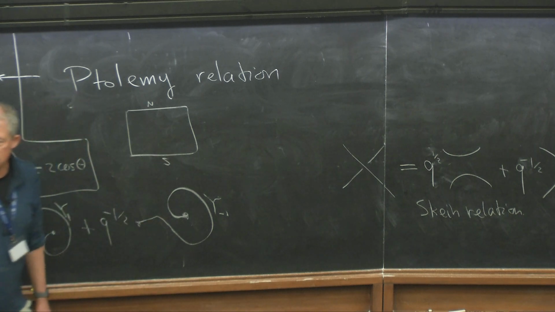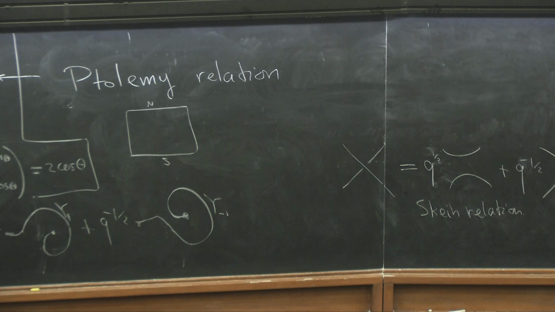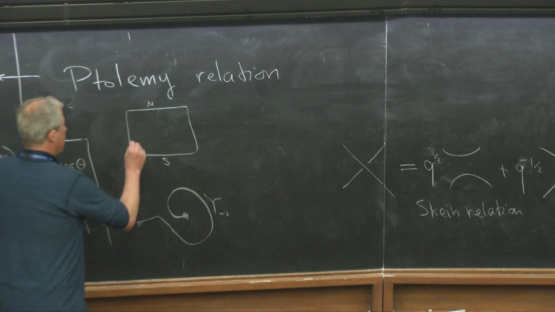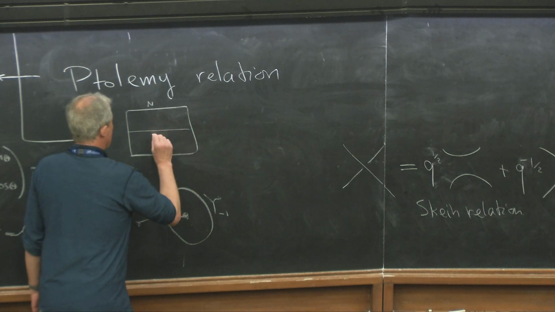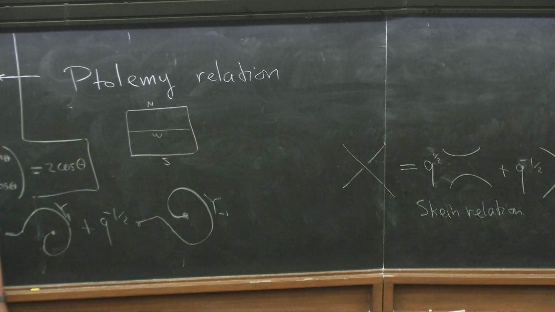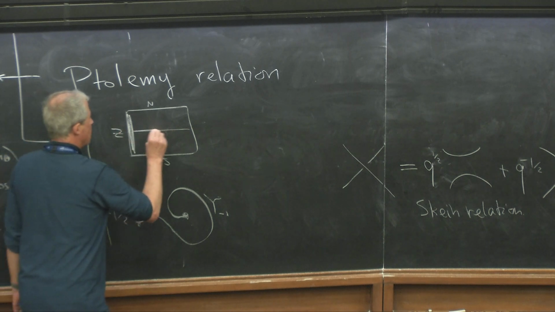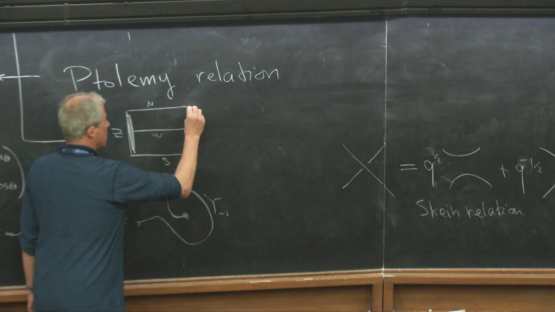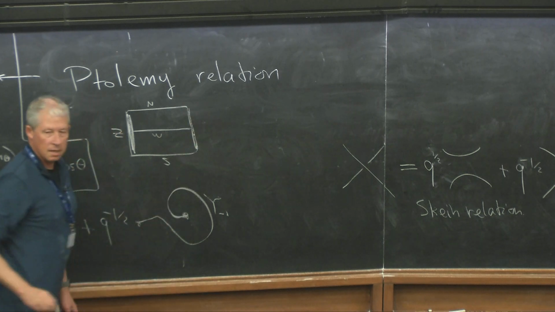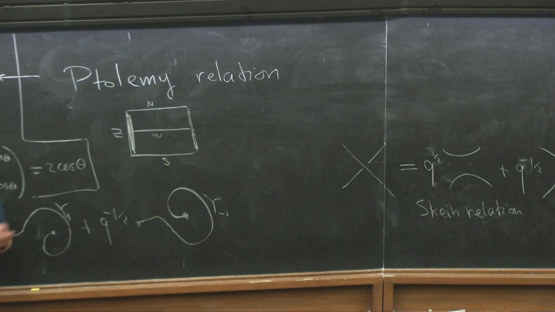This line there is the South Pole. Then this thing here is where W sits. And you know what? Let me put Z over here. So this line is W, this line is Z. This line is also Z because it's periodic, okay?